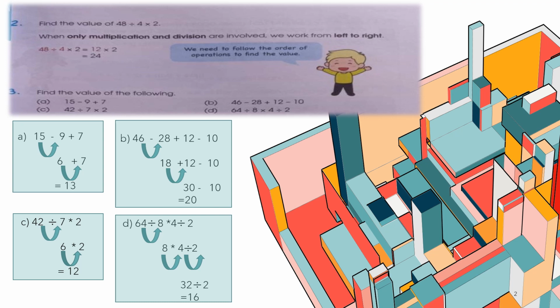Let's start from the left: first we divide 64 by 8, which results in 8, and this 8 is multiplied by 4, which results in 32, and 32 is divided by 2, which results in 16, our final answer.